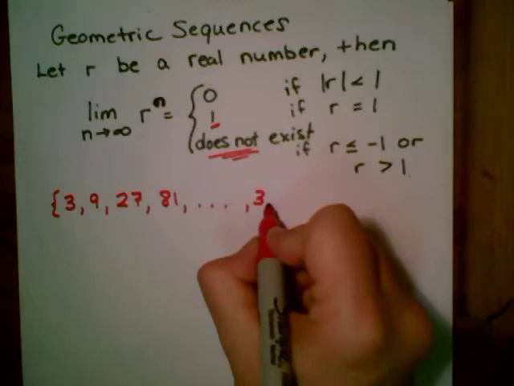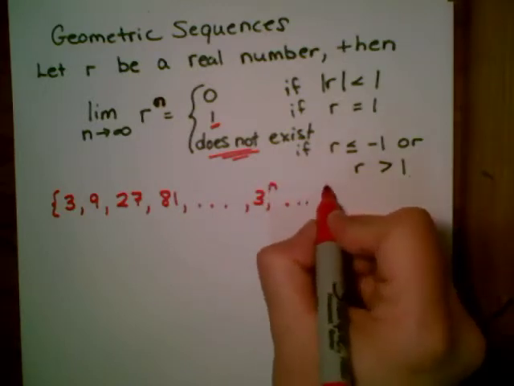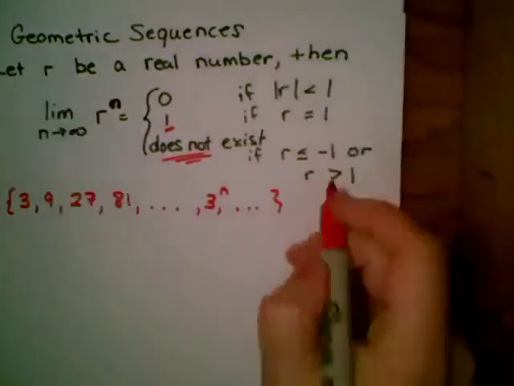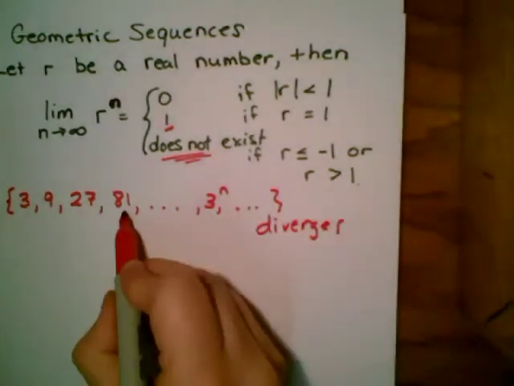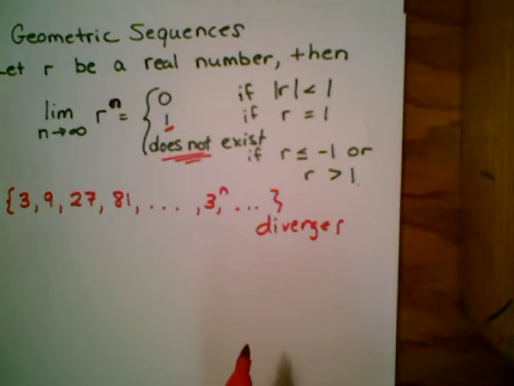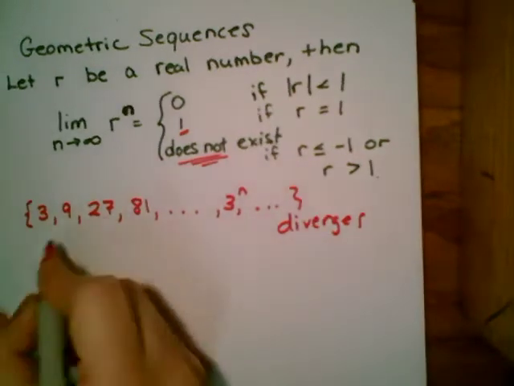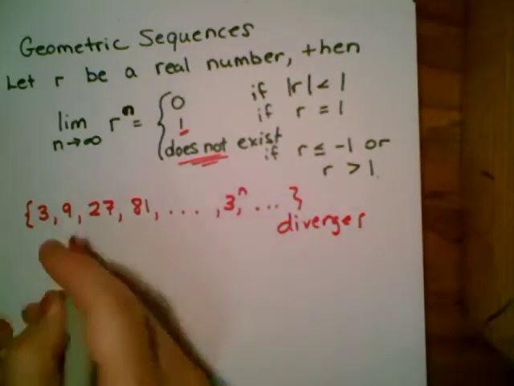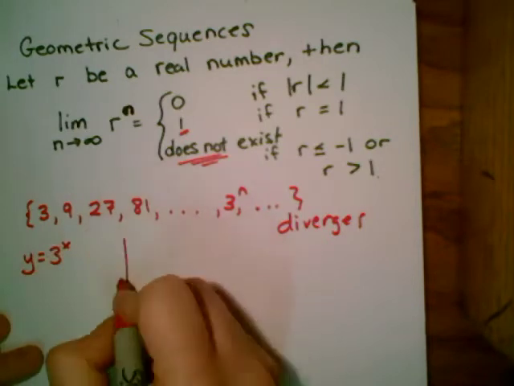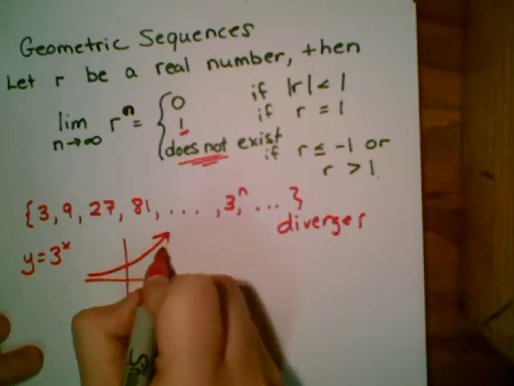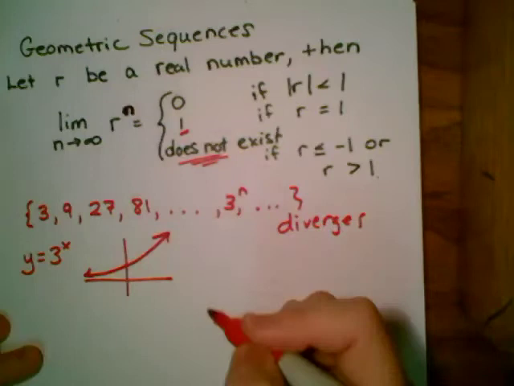And we've got the nth term, 3 to the n. And that diverges because the terms are growing without bound. This sequence would be related to the continuous function y equals 3 to the x, which would be the growth function that grows without bound.